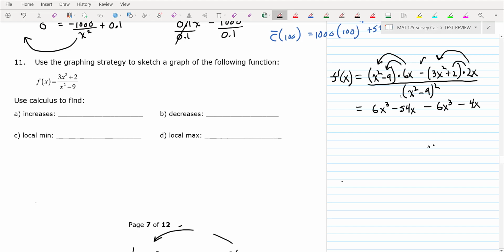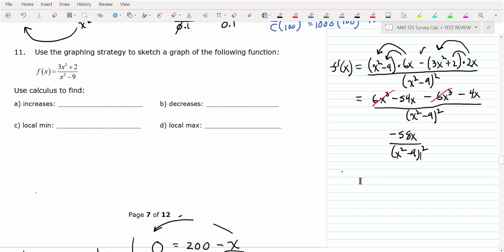And then the bottom squared would be x squared minus 9 to the second. Be very careful with your derivative, double check it, make sure it's right. So what happens here is that crosses out, and I'm left with negative 58x over x squared minus 9 squared.